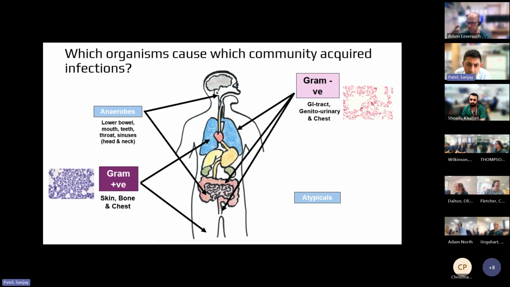And then our anaerobes tend to affect the gut, either the upper end of the gut around the mouth or the bowels, and also abscesses. So an appendicitis, where you've got a perforated appendix, that the anaerobes live in your gut along with lots of your gram-negatives. And atypicals, as I said, things like mycoplasma, but generally cause very few problems in children.